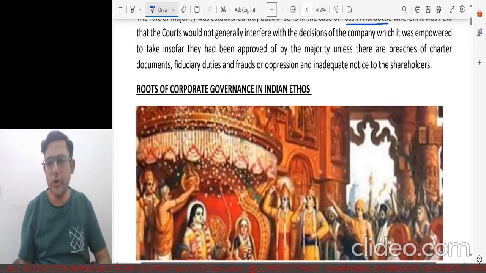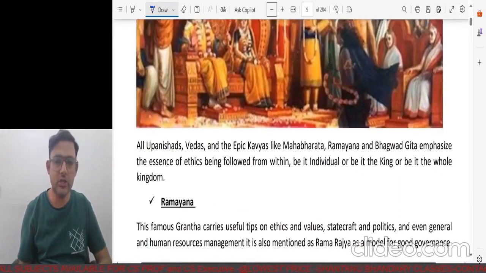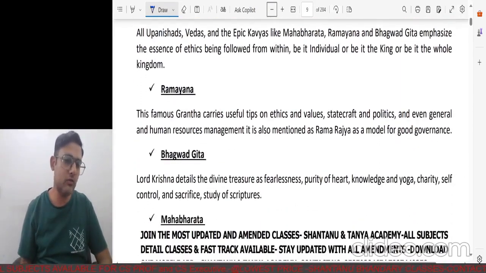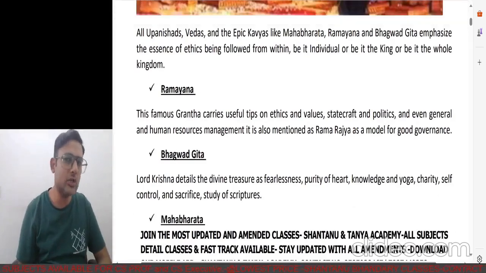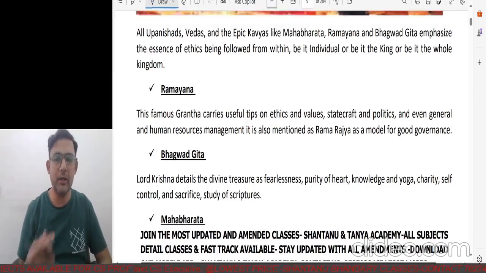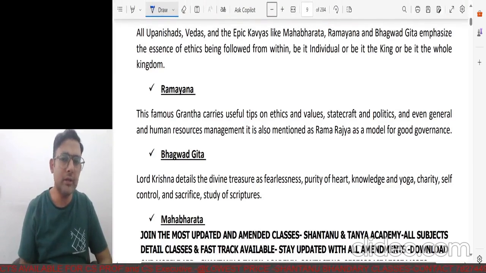So if I talk about a few other big things in ancient Indian times, it can be Ramayana, it can be Bhagavad Gita as well as Mahabharata, and each of them has something which can help us understand the significance of corporate governance. Talking about Ramayana, it is an example of a good corporate governance model, whereby they were following what is called Ram Rajya.